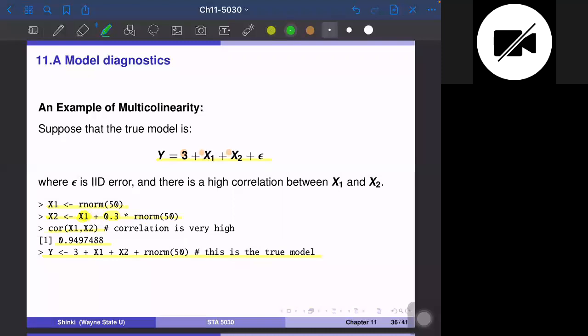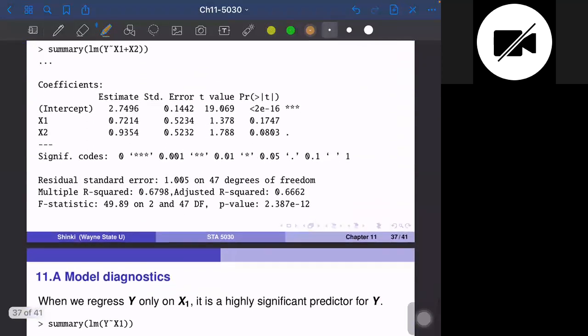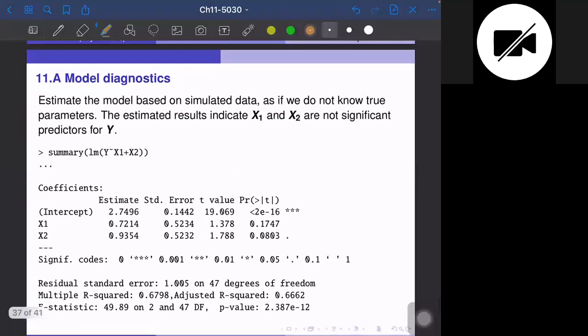Now we have generated the data x1, x2, and y. Ignoring the other parts, we estimate this model from just the data y, x1, and x2. Then see what happens. This is the result when we fit y on x1 plus x2.